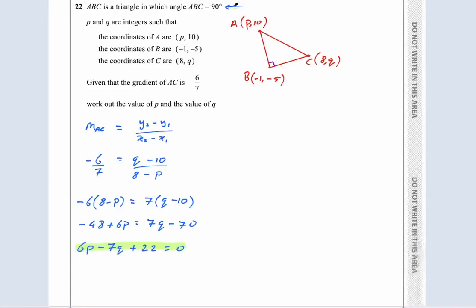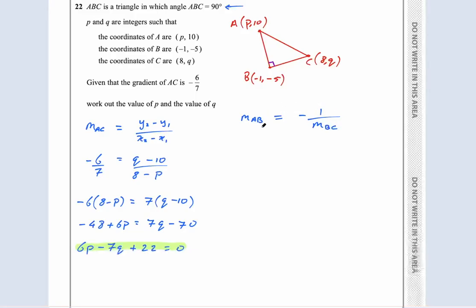I can use this to form an equation, because I can say the gradient of AB is equal to minus 1 over the gradient of BC. Why can I do that?